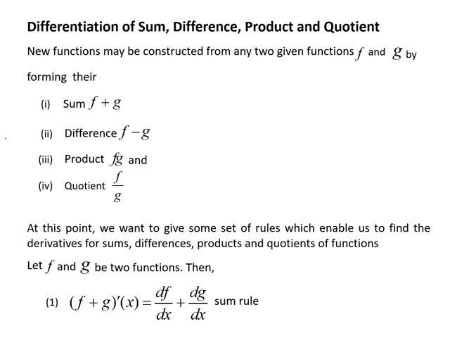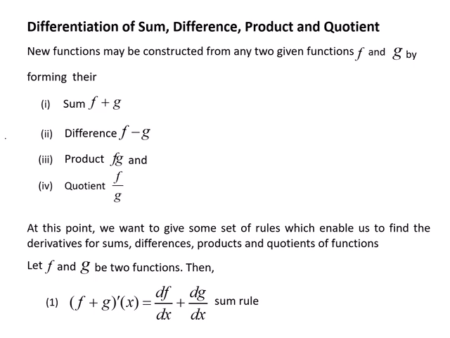Then look at the difference here, which is Roman figure 2. Difference, f minus g. I believe we all know what difference means. That is, you subtract g minus f, f minus g.